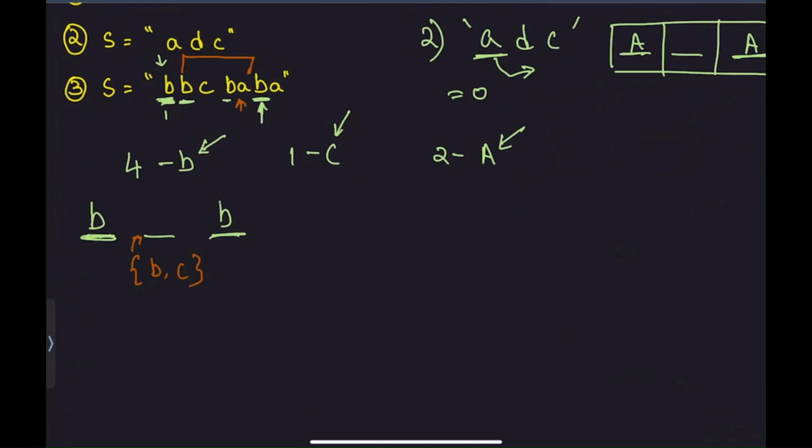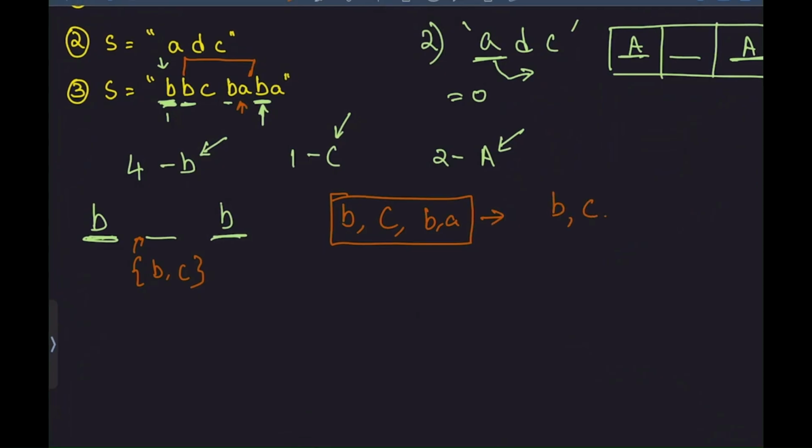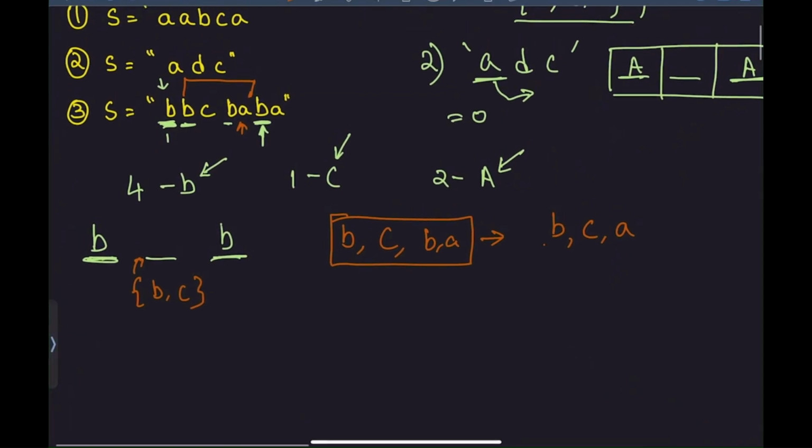That is going to be B, C, B, A. Out of these characters, we need to consider the unique characters B, C, and an A. Right? Once this is clear, we added this extra A to our initial set.